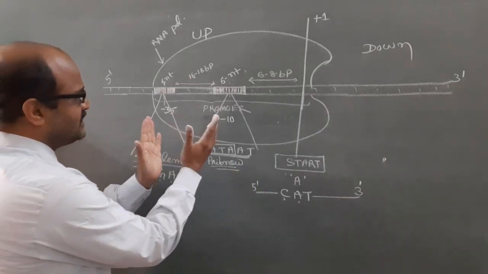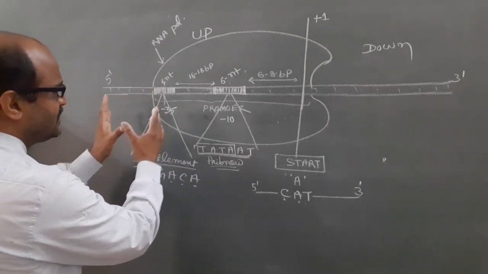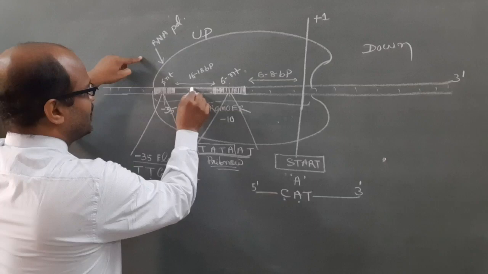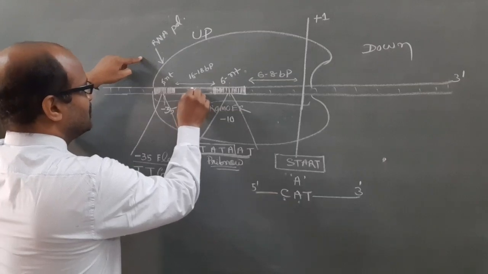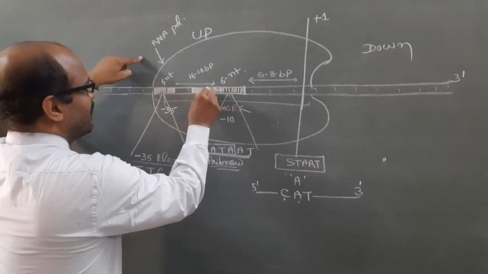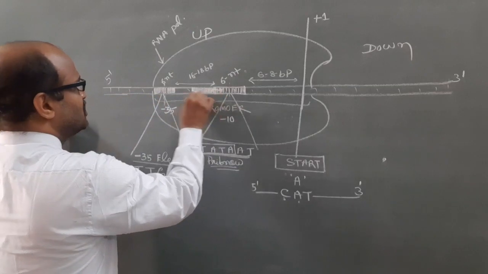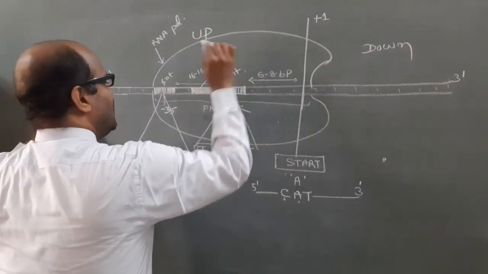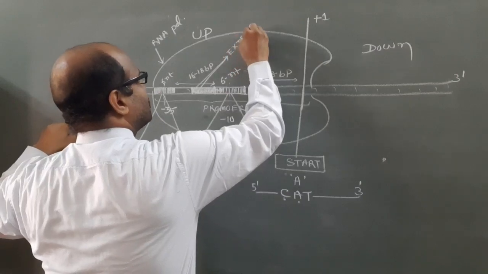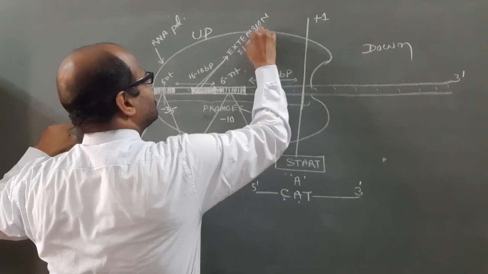The sequences present towards the upstream region of the Pribnow box are known as the extension element.